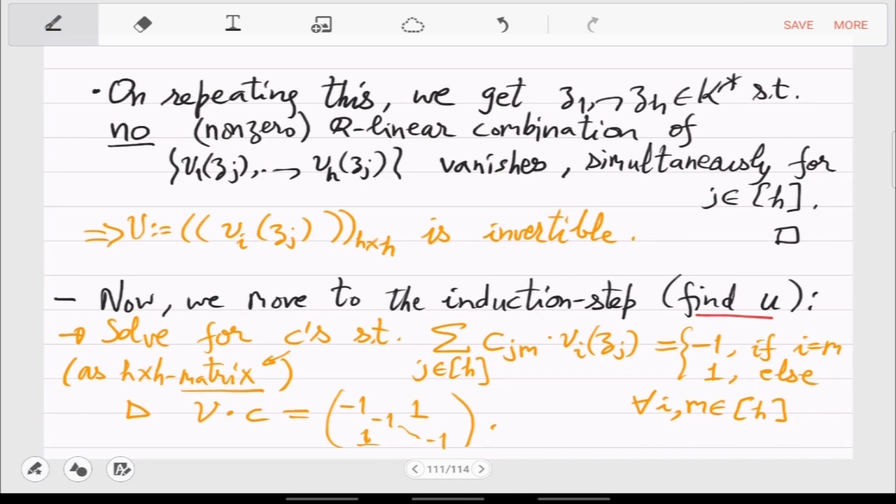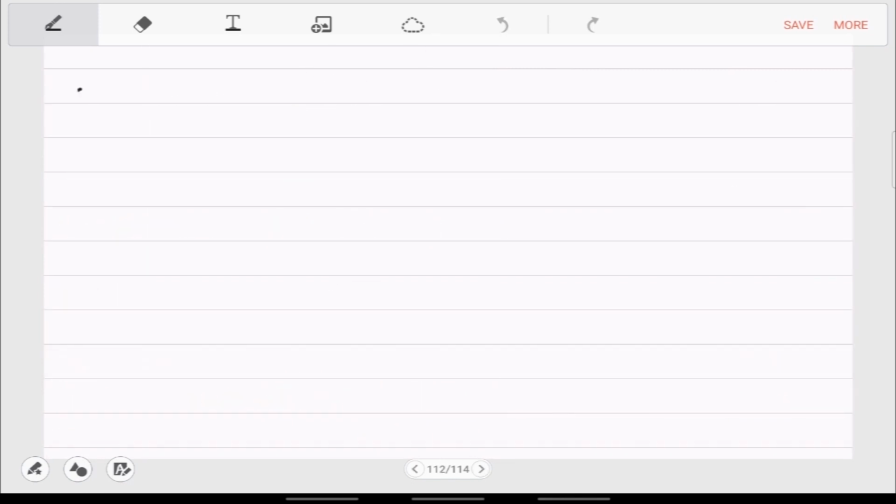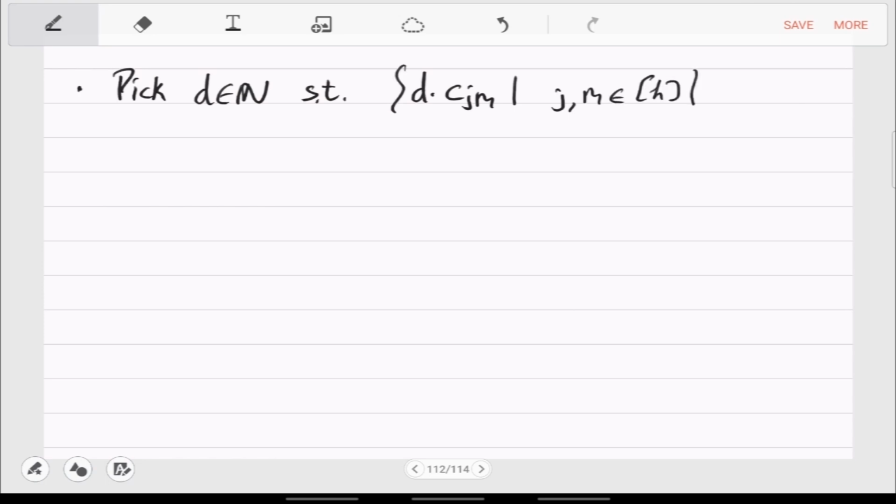Okay, and so the c's, in general they will be rational numbers. So we convert them into integers.